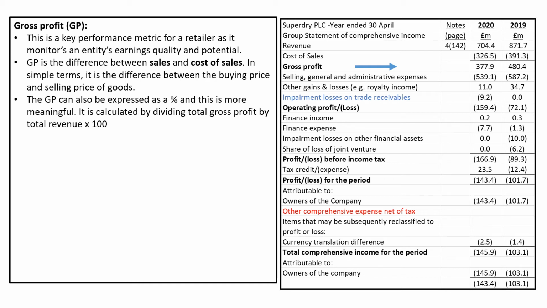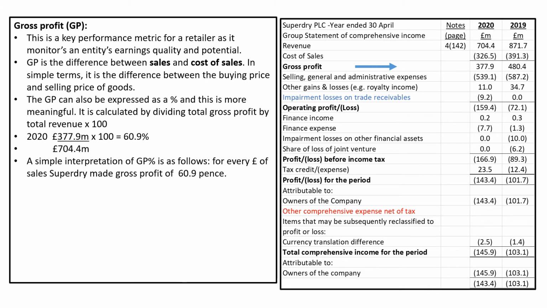The gross profit margin can also be expressed as a percentage, and this is more meaningful. It is calculated by dividing the total gross profit by total revenue times 100. So in 2020, Superdry made a gross profit percentage of 60.9%.